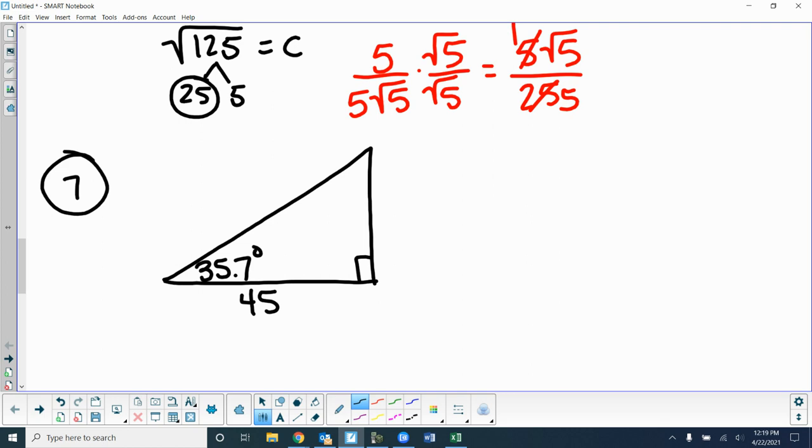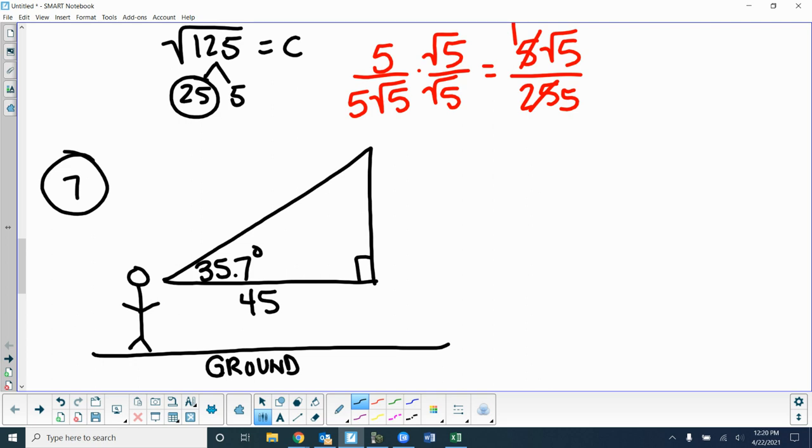Just remember that the ground's down here, right? So let's say he's a 10-foot tall guy. His eyes are 10 feet up. Again, he's standing on something, right? So what do we got to remember after we find X?